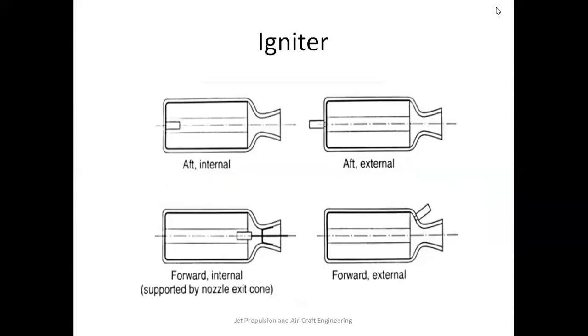Now, the third key component of the rocket motor is the igniter. The igniter is basically used to begin the combustion in the combustion chamber.